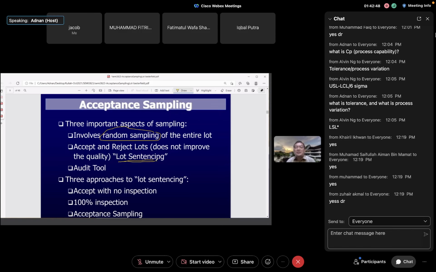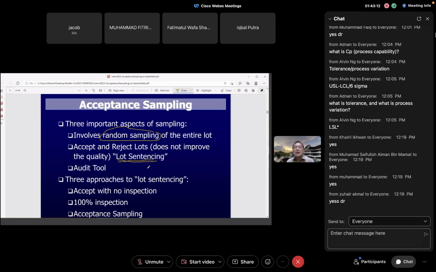But acceptance sampling is not for improving; it's basically for decision making. It also can be used as an auditing tool. So not only can it be used for receiving shipments from suppliers, but we also use acceptance sampling as an auditing tool.